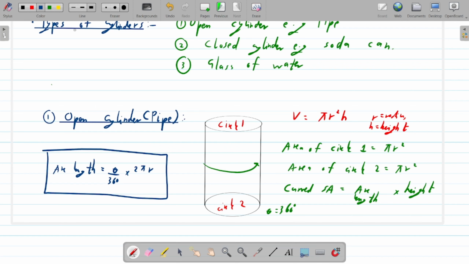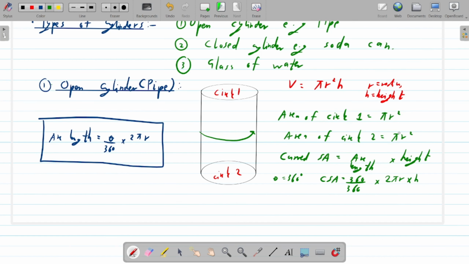If I use the same formula here, the curved surface area is equal to the arc length, that means theta over 360. The theta that we have here is 360. So that's 360 divided by 360 multiplied by 2 pi r, then times our h.